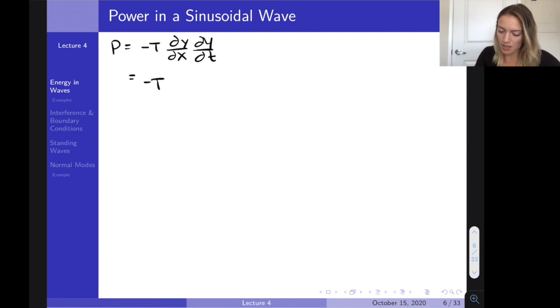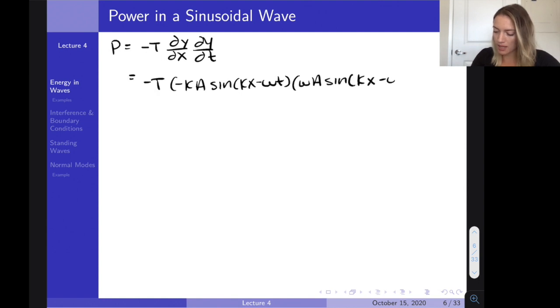Okay, so we had negative T, dy with respect to dx was negative kA sine(kx minus omega t), and then the velocity was omega A sine(kx minus omega t). Our negatives cancel, so we have omega k times tension times A squared sine squared(kx minus omega t), right? Because we have two sines, so it's sine squared. We had two A's, so we get A squared, and then we have omega k and the tension.